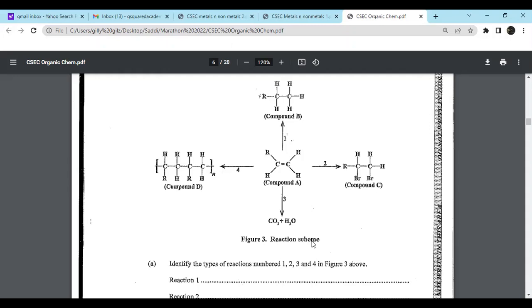Another way you can distinguish them is by reacting both compound A and compound B with a halogen in the dark. The alkane needs light to react with the halogen. If there's no light, no reaction takes place.